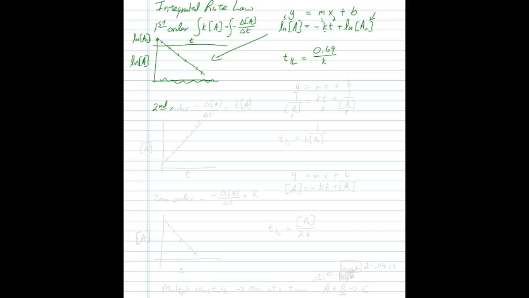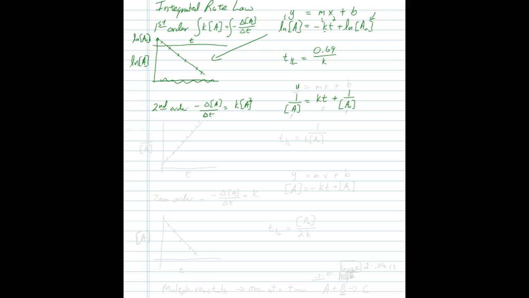Second order: negative change in concentration of A over delta T equals K A squared. Do the magic of integration, and you end up with 1 over the concentration of A, not natural log anymore, equals a positive KT plus 1 over the concentration of A naught, the original concentration.